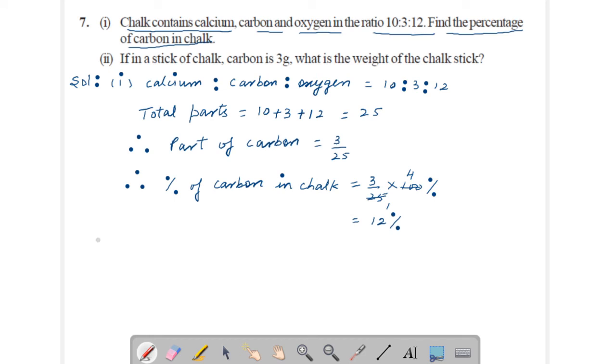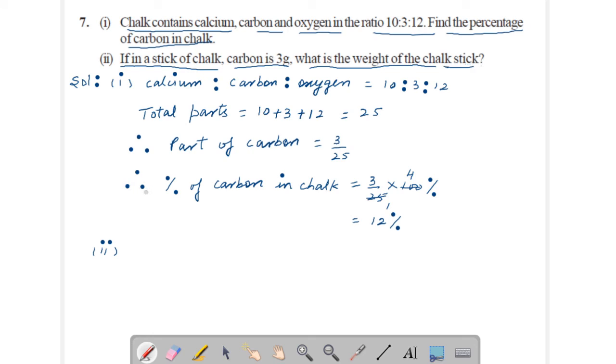Now second part. If in a stick of chalk carbon is 3 gram, what is the weight of chalk stick?